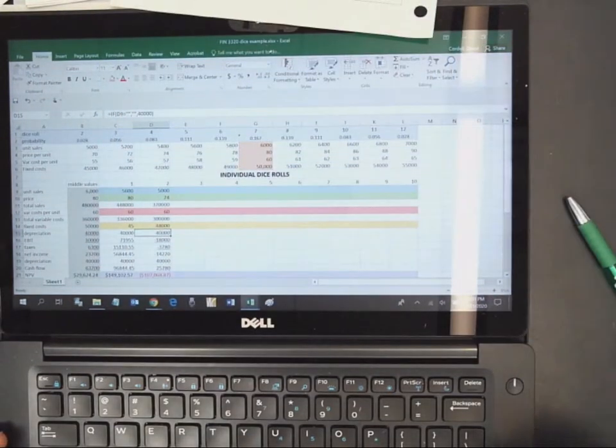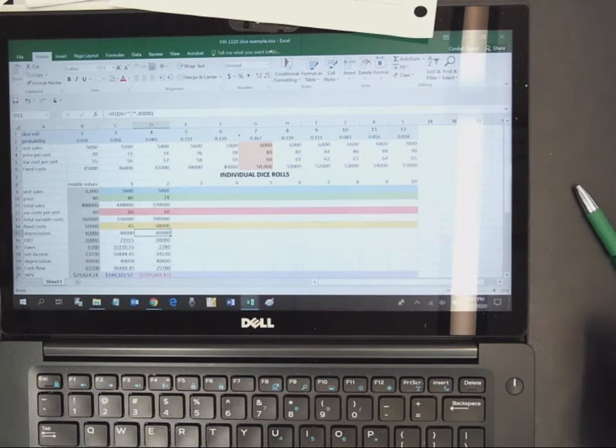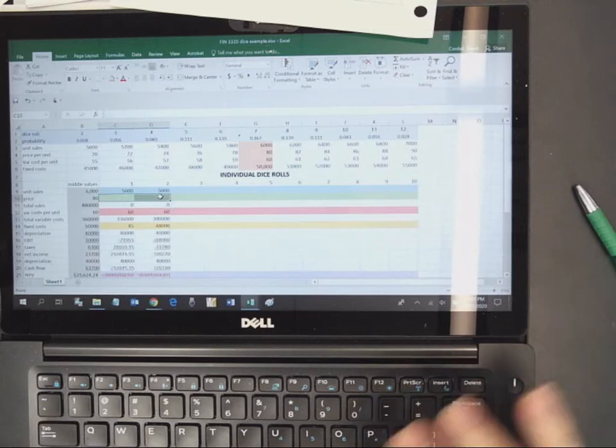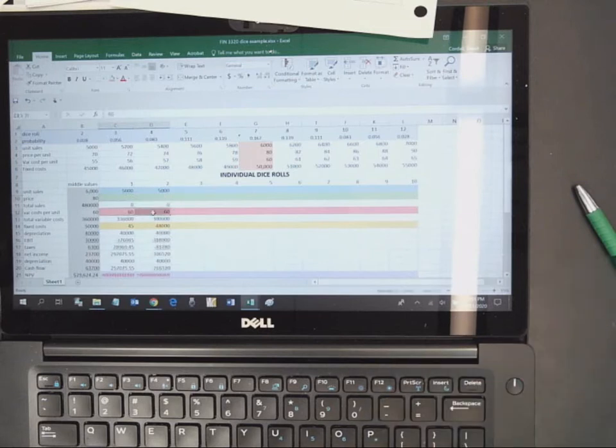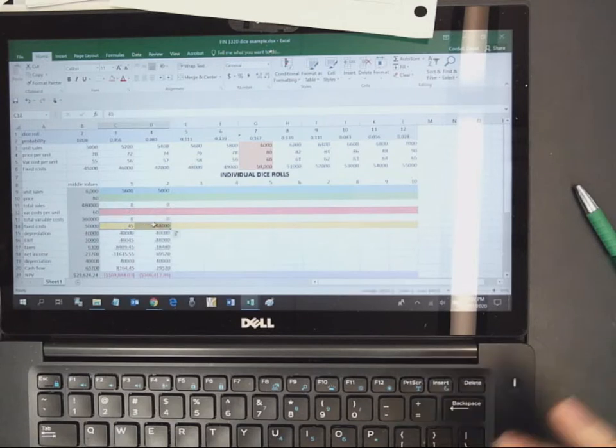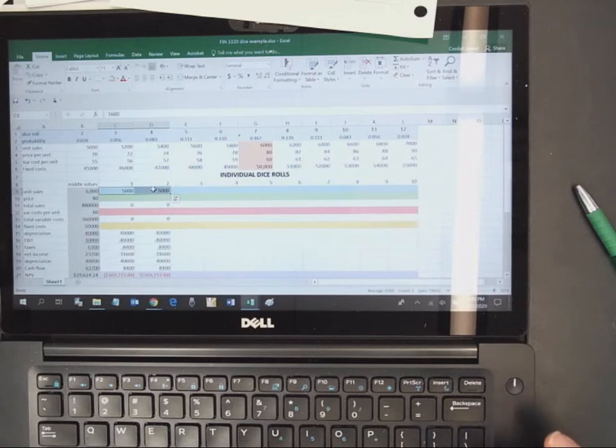So what I'm going to do, give me a second here. I'm going to erase these, and these, and these up here. And I have dice over here.